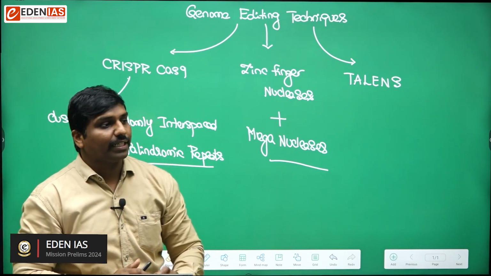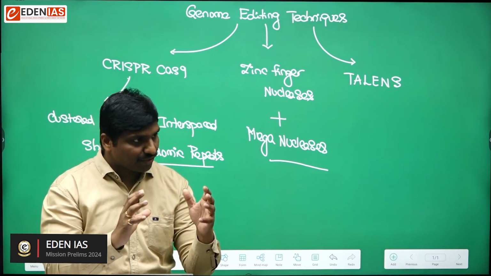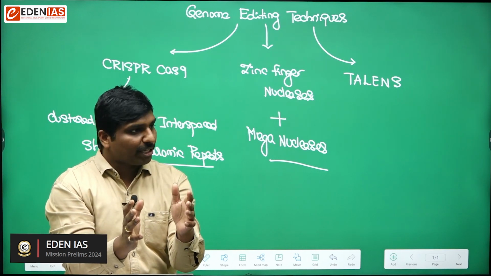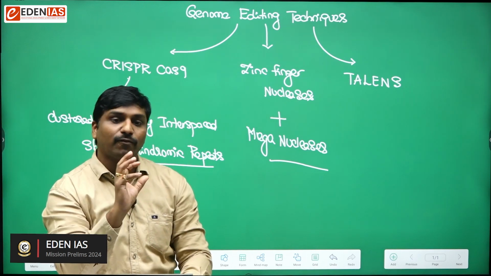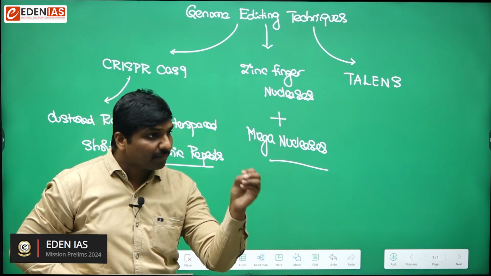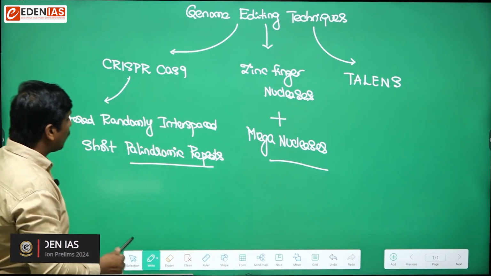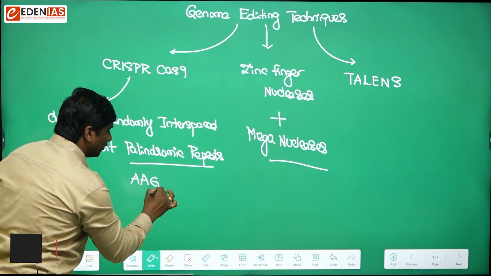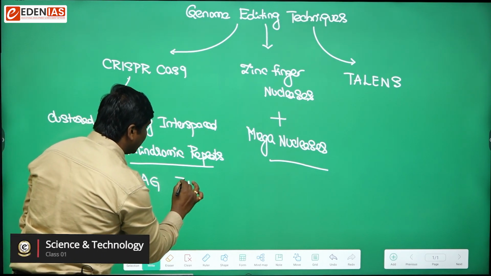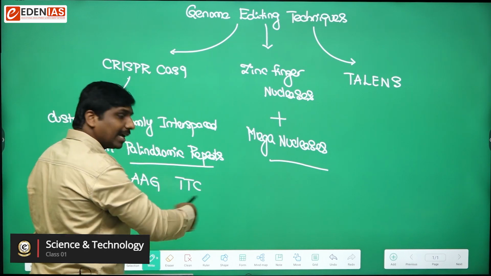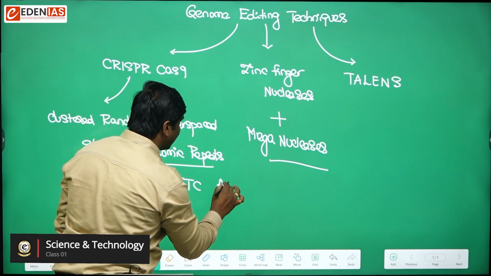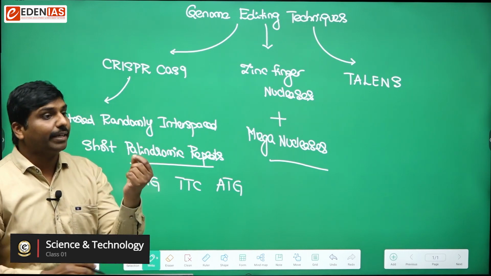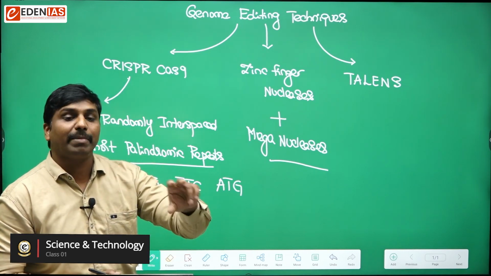We have already said that genes or DNA consist of genetic information, and this genetic information is generally represented in the form of codons, in the form of certain codes. Let's say AAG, or TTC, or ATG, I'm using these hypothetically. Three bases combine and make a codon.